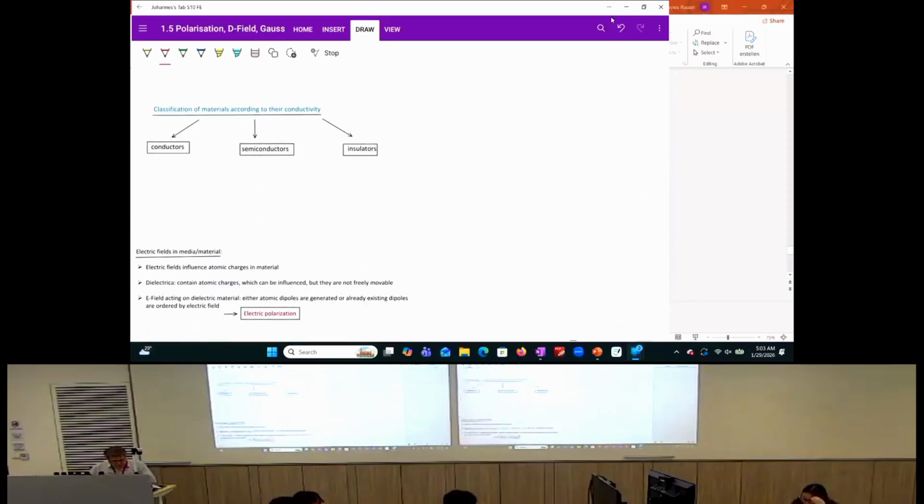So you can classify materials according to their conductivity, and you basically can say there are three types of materials. The one is the conductors, which are, for example, metals like copper, silver, platinum, aluminum.